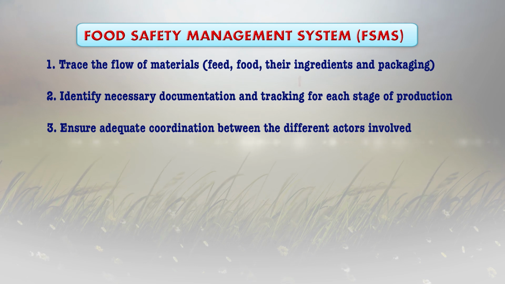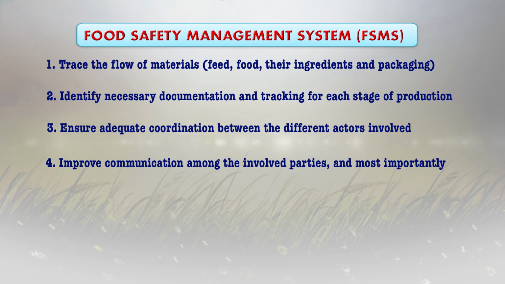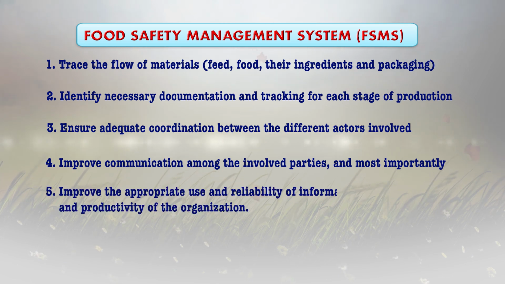And third, it ensures adequate coordination between the different actors involved, farmers, stakeholders, consumers, and improves communication among the involved parties, and most importantly, it improves the appropriate use and reliability of the information, and the effectiveness and productivity of the organization.